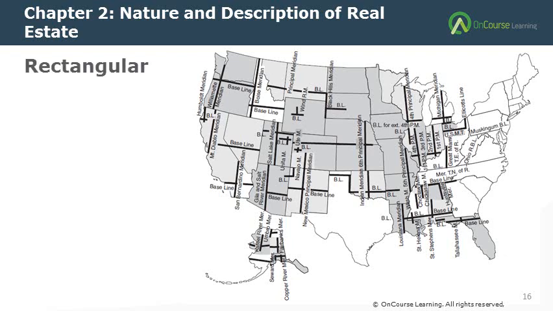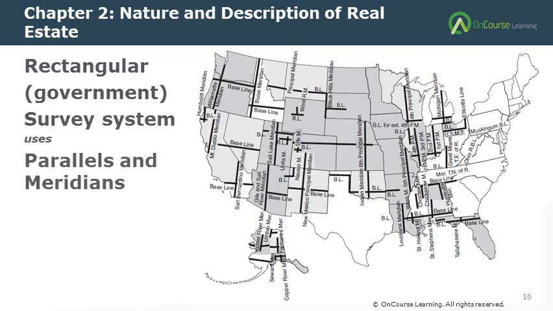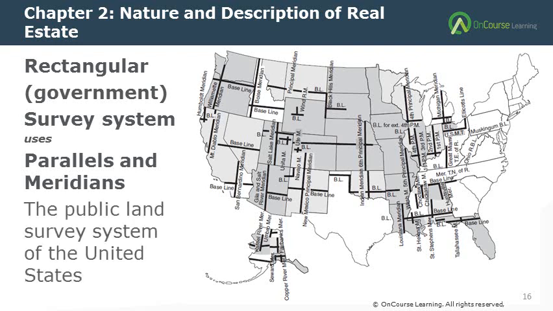Another method of legally describing real estate is what's termed the rectangular or the government survey system. It will use parallels and meridians, and this is the public survey system of the United States. Now, we know about longitude and latitude from geography class in elementary school.